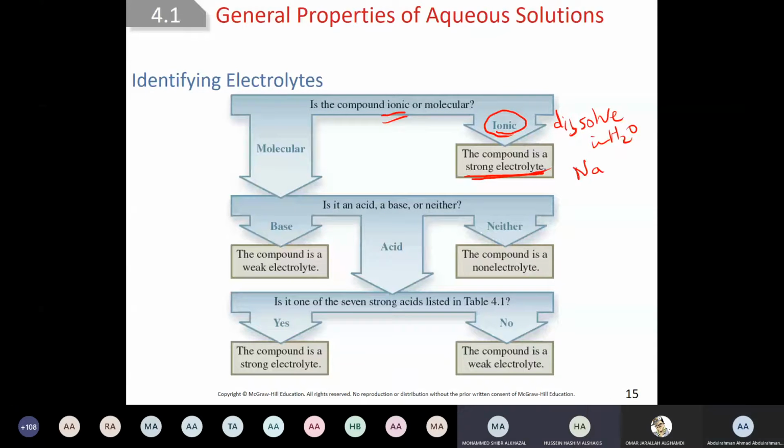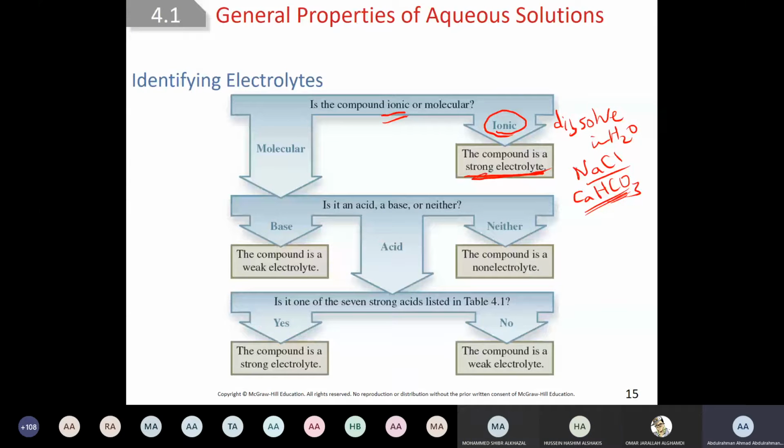NaCl, or anything like, for example, calcium bicarbonate. You have to memorize the group. Calcium bicarbonate dissolves in water and will conduct electricity. Are these going to be strong or weak electrolytes? Strong electrolytes, all ionic compounds.